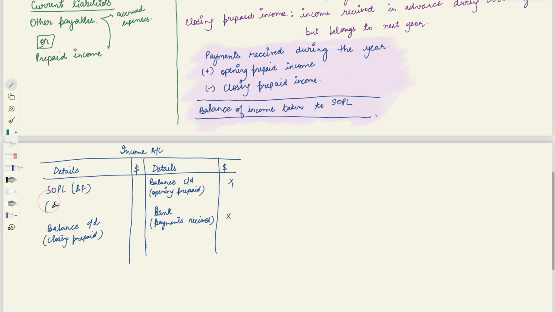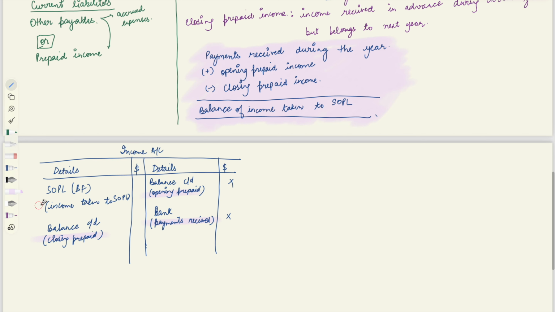Balancing figure, income taken to statement of profit or loss, or you can also write income. You don't have to write these definitions that I'm writing below here, this is for your understanding as how to do it.